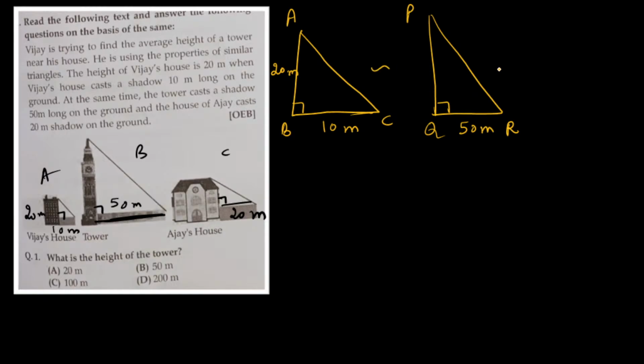We have to consider that these 3 are similar right angle triangles, because we have to use the concept of similarity. This is DEF, where it's given to us 20 meters. So I've drawn 3 triangles, and the triangles are similar.